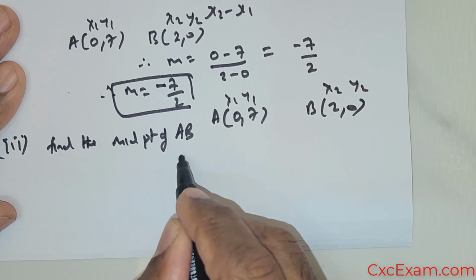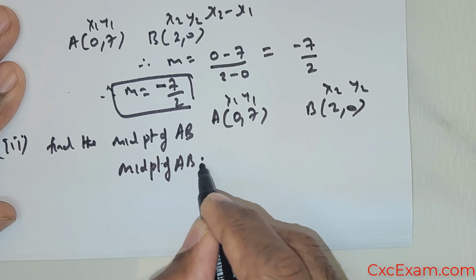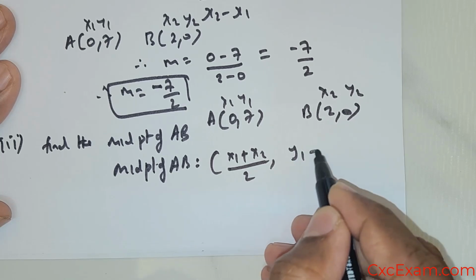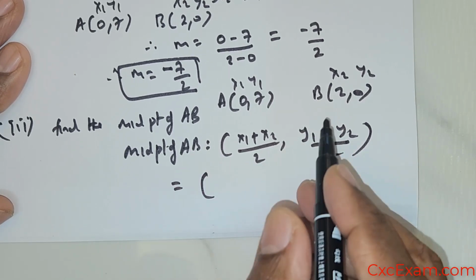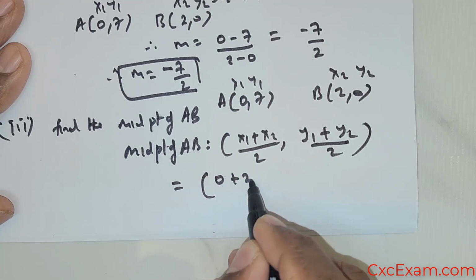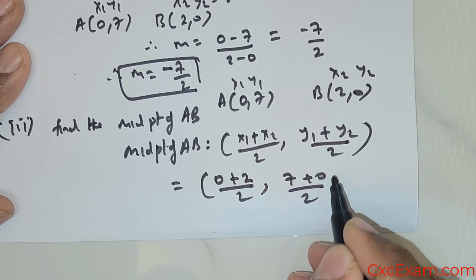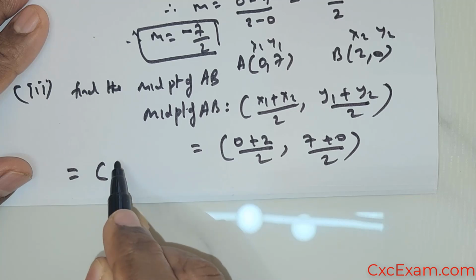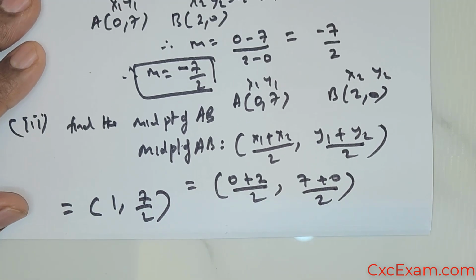So the midpoint of AB will have coordinates x1 plus x2 divided by 2, y1 plus y2 divided by 2. So what is that? 0 plus 2 divided by 2 and 7 plus 0 divided by 2. This is going to be 2 over 2, that's 1, and 7 over 2. So this is the midpoint coordinate.